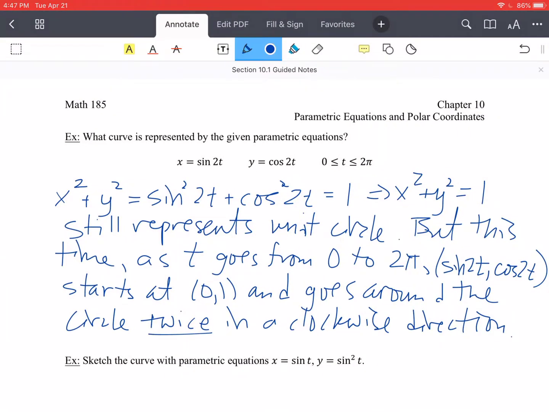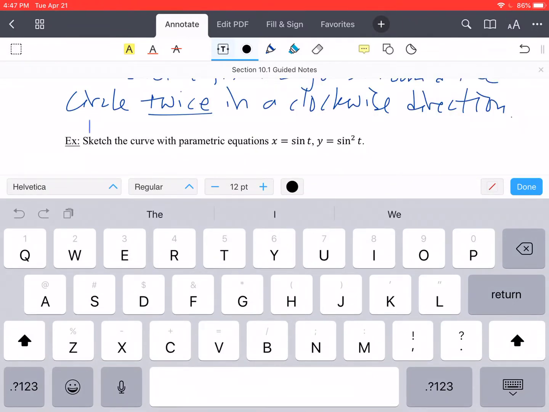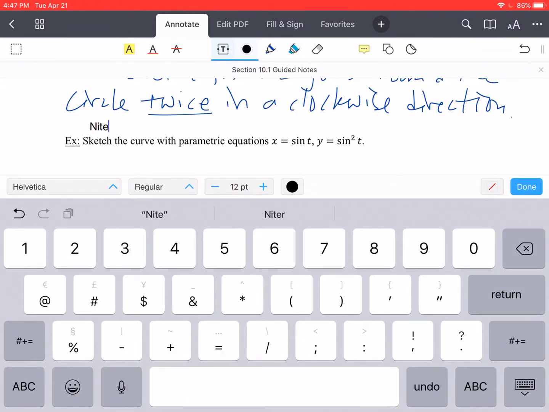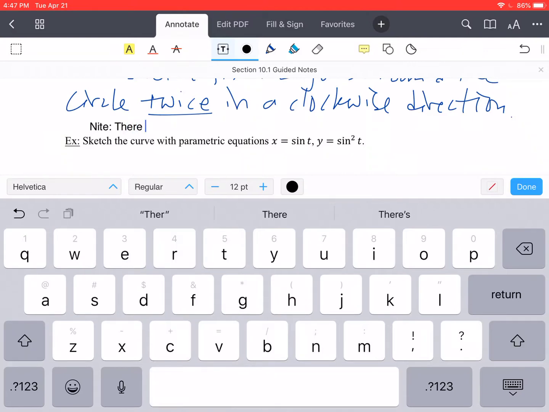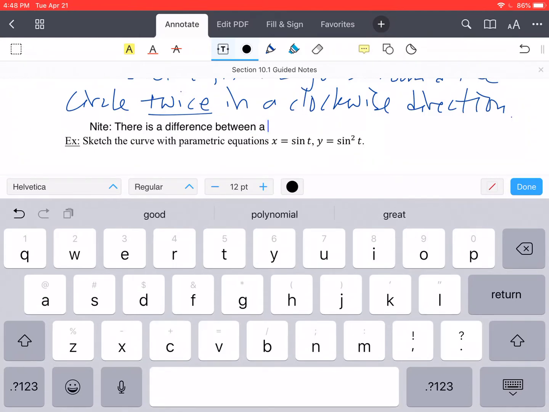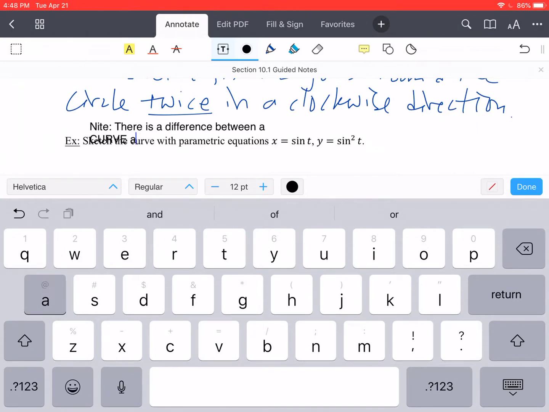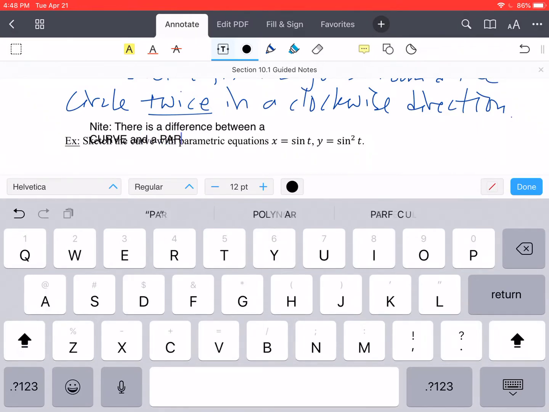So one thing we do need to mention, I'll put down here, is a note: there is a difference between a curve and what we call a parametric curve.